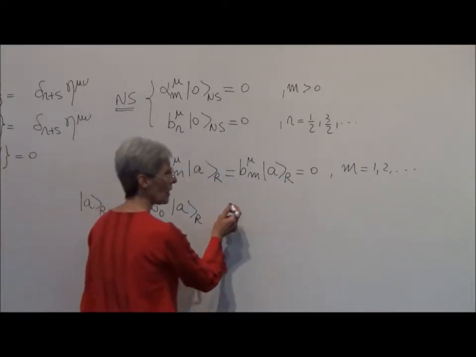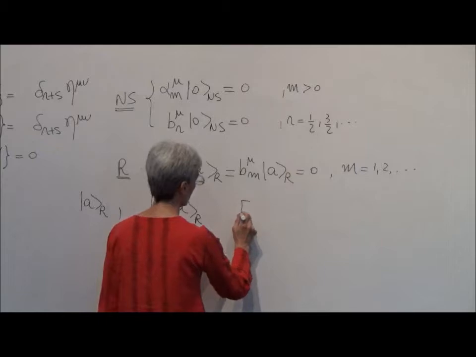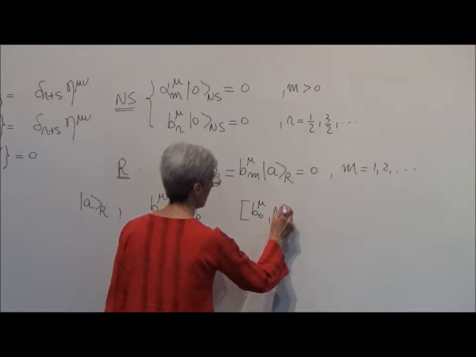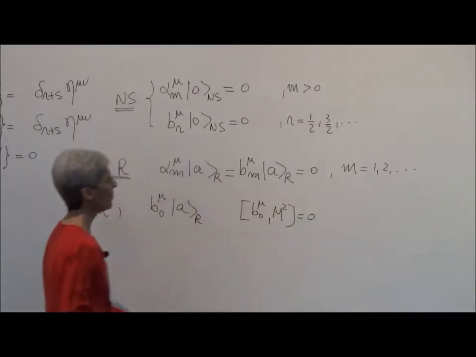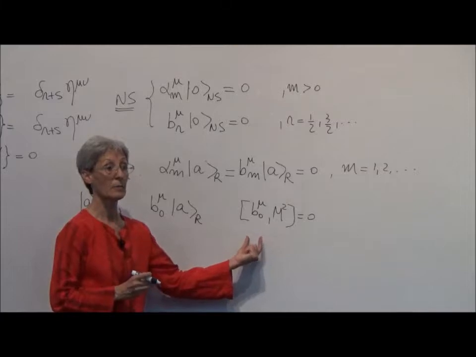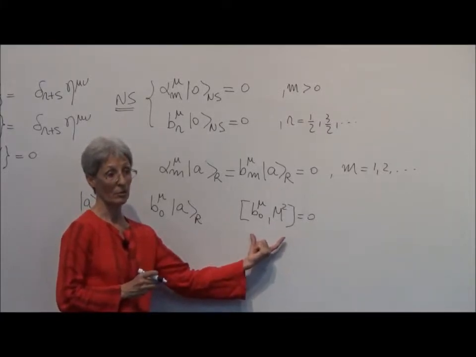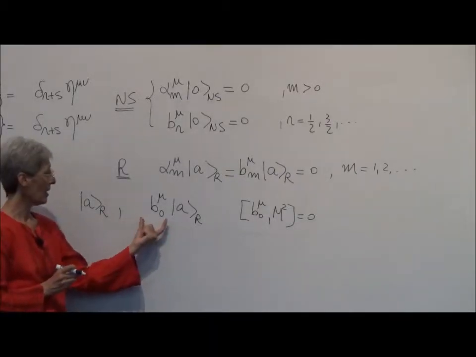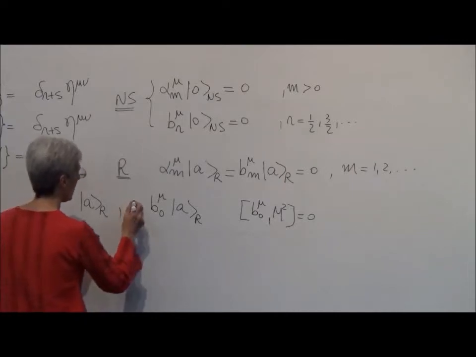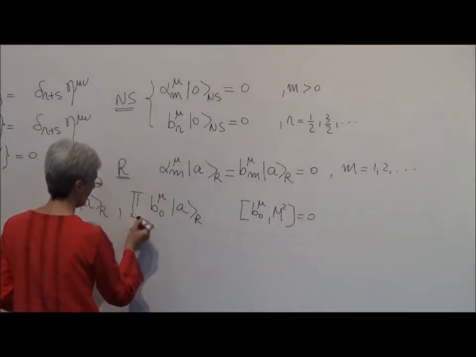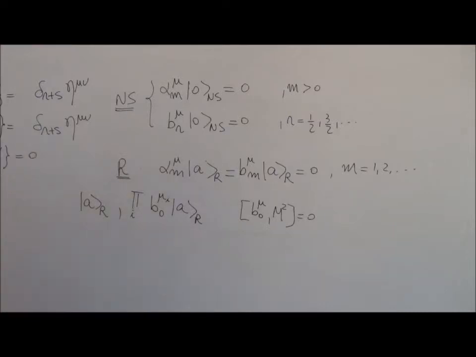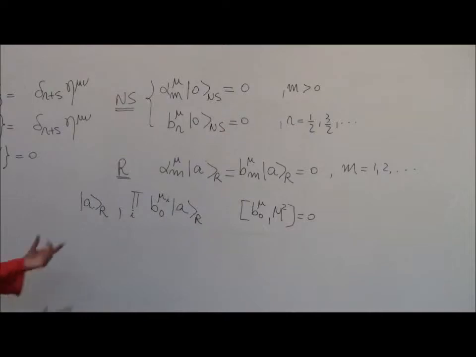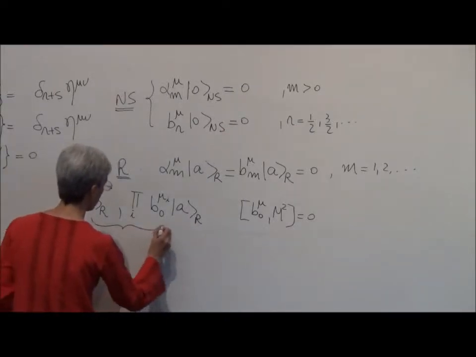One can compute the commutator with the mass operator. I will do this in a little while, but one can see that this P naught operator commutes with the mass operator. So the state A_R and states obtained by taking a product of b_0 operators for different values of mu, these states are degenerate in mass.